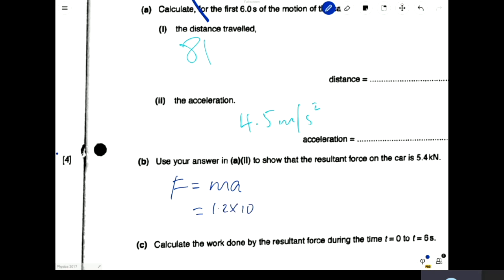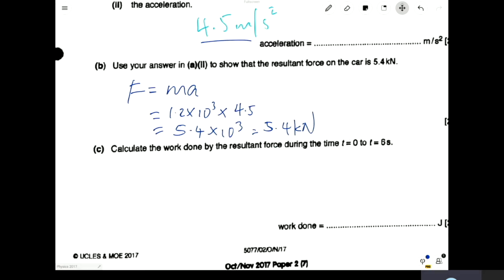The a is 4.5. What do we get? We get 5.4 times 10 to the power 3, which is the same as 5.4 kN. Okay, so it's correct.